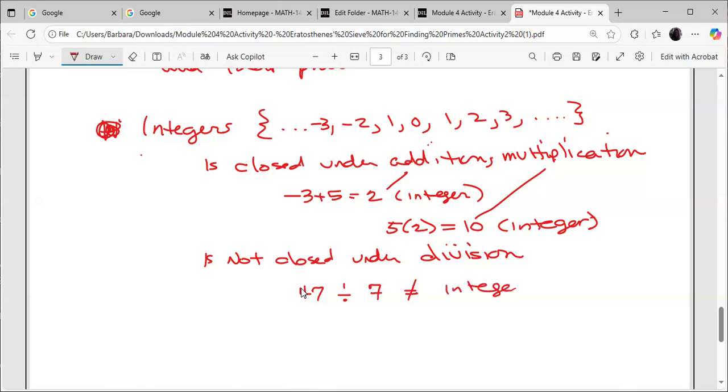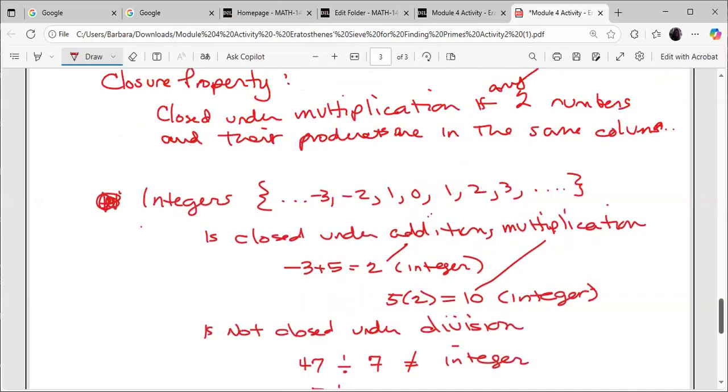Therefore, it's not closed under division. You could also take 3 divided by 5, which is not an integer. So integers are not closed under division, but they are closed under addition and multiplication.